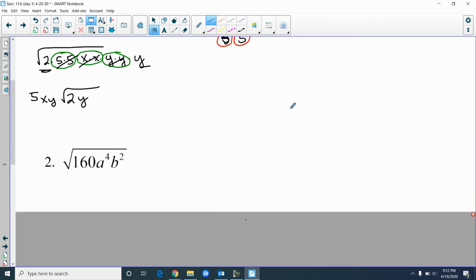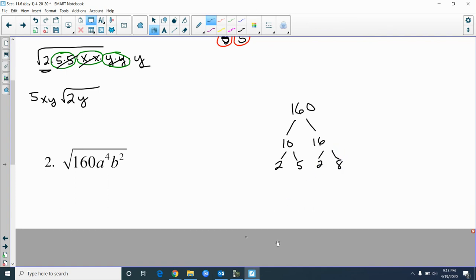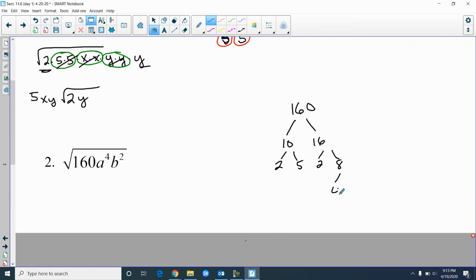Square root of 160a to the 4th b squared. Let's do factor tree. 10 times 16. 2 times 5. 2 times 8. 8 is 4 times 2. 4 is 2 times 2.